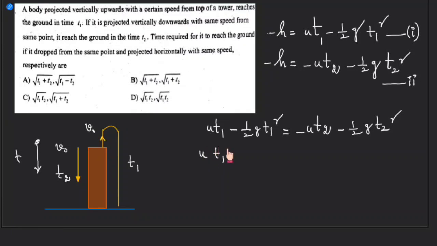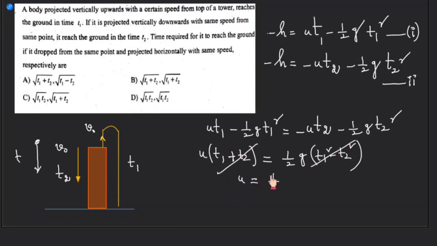If I take u out, u(t1 + t2) equals half g (t1² − t2²). The t1 + t2 cancels, therefore u is equal to half g (t1 − t2).